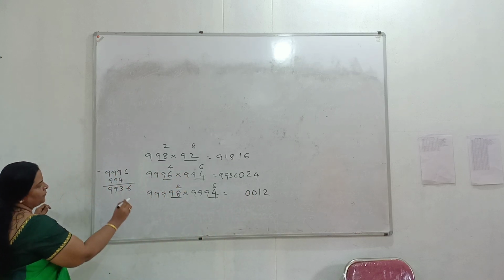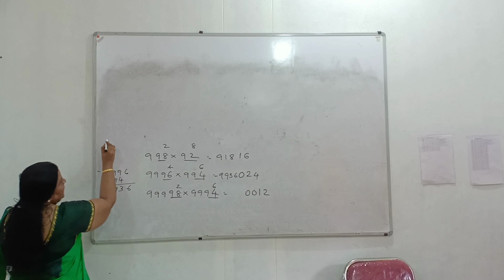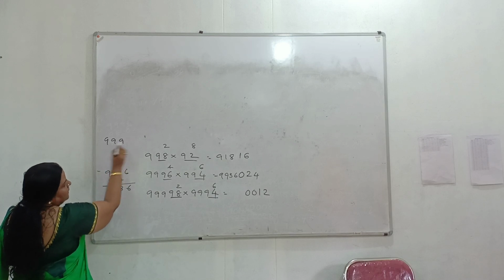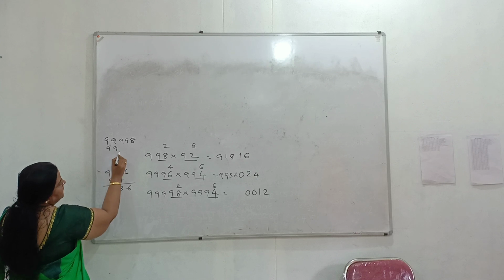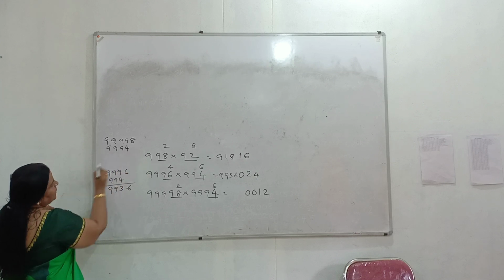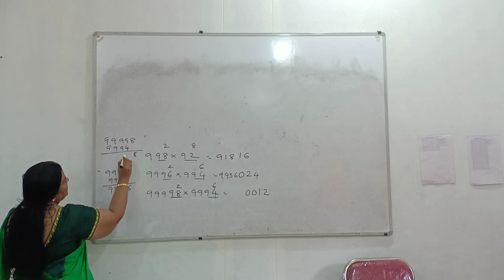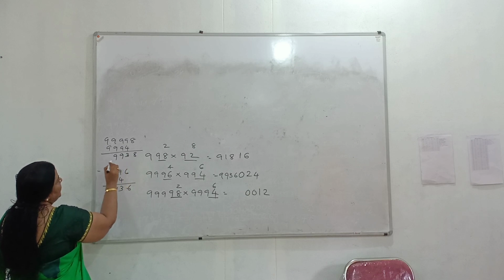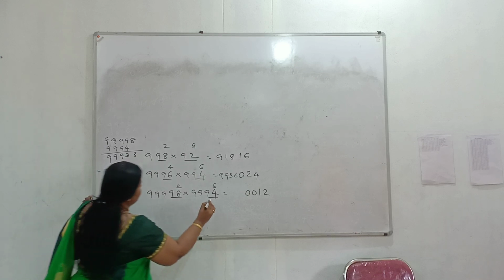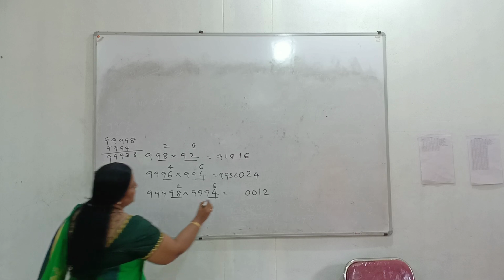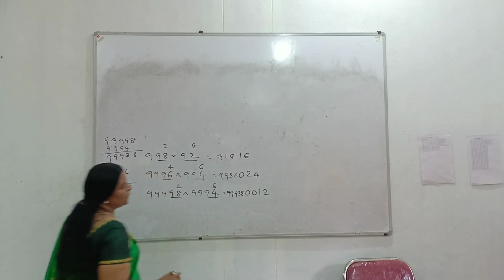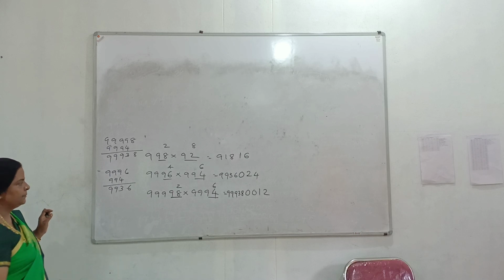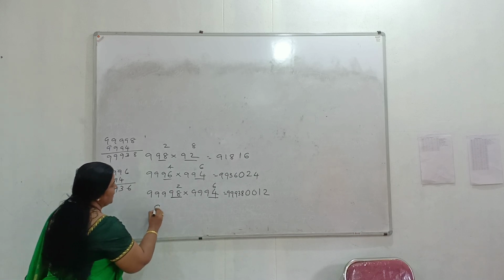And take the sum of these two numbers, 9998, 9994. The answer is 99980012.